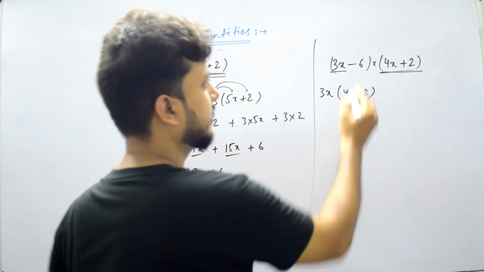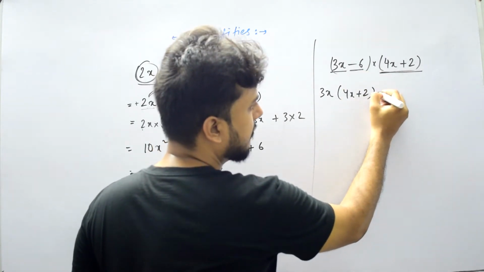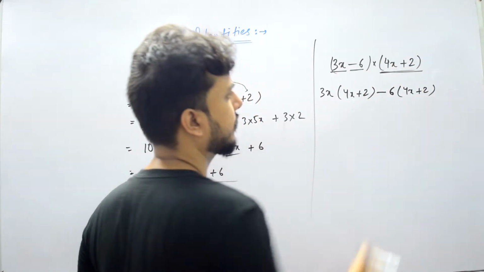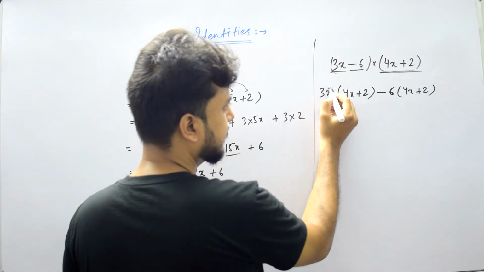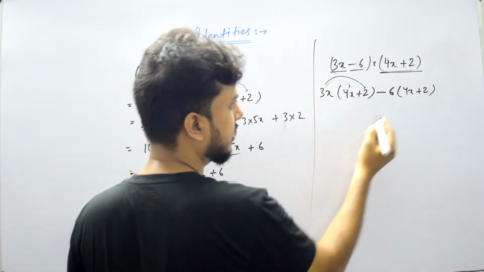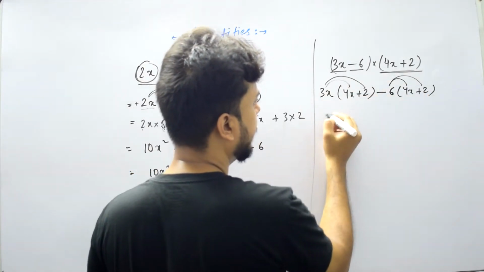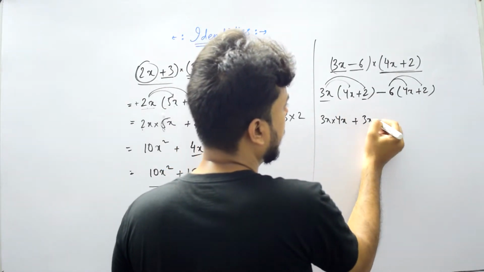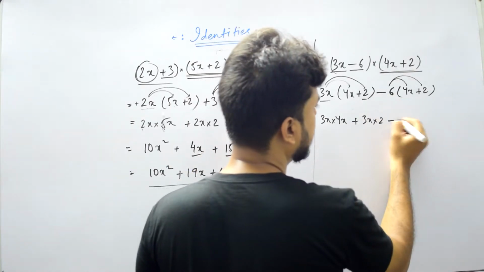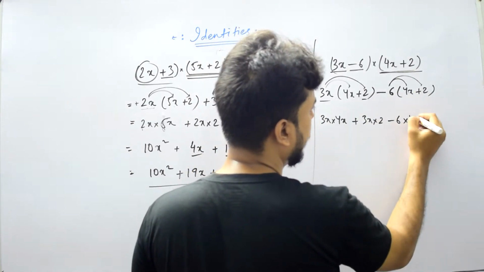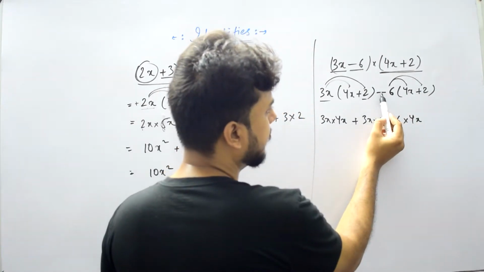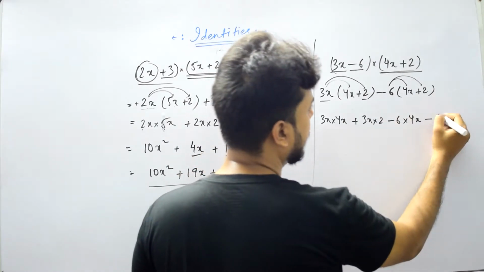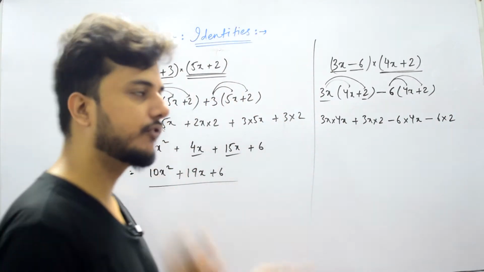Then we write minus 6, and then the bracket with 4x + 2. Now this 3x multiplies with these two terms and 6 multiplies with these two terms, so it becomes 3x into 4x, plus 3x into 2, then minus 6 multiplied by 4x. Here minus into plus is minus, and then it becomes 6 into 2. We have to be very careful about the sign.